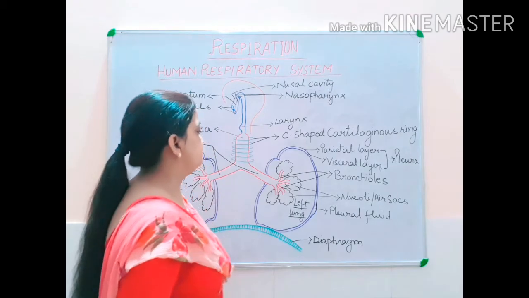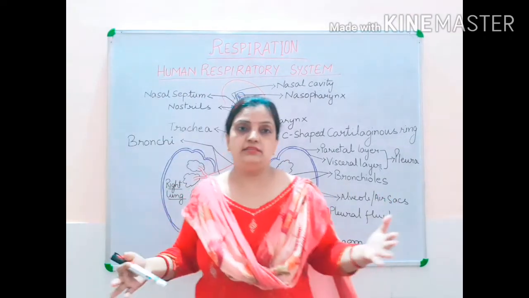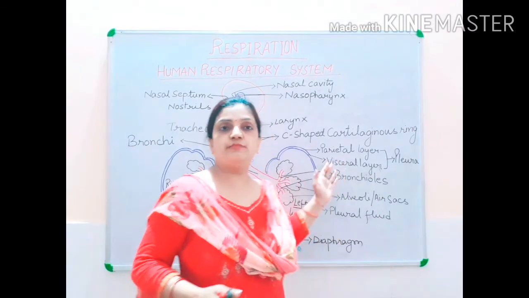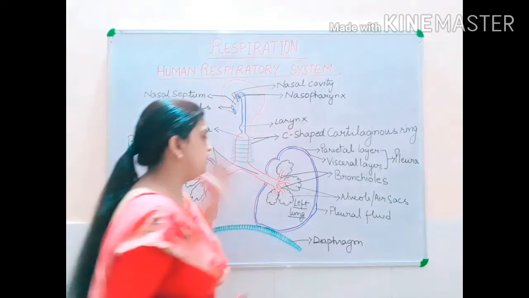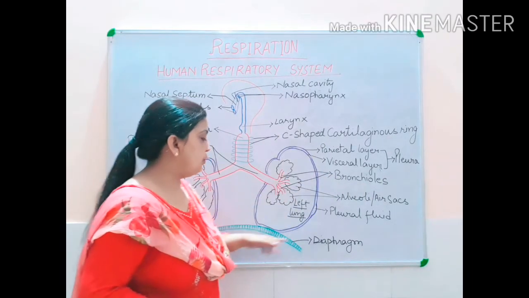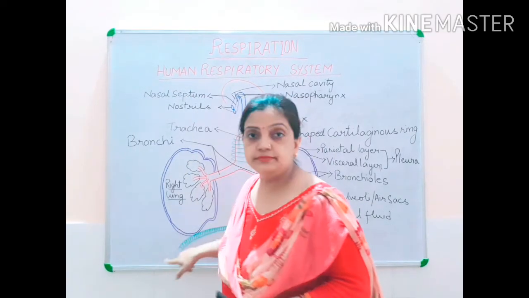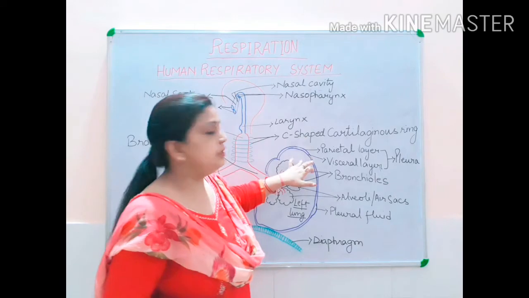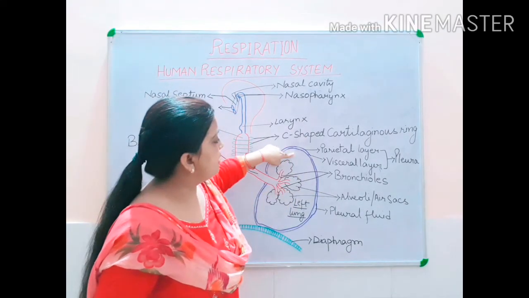Now children, this is the lung. When I stand like this in front of you, this is my left lung and this is my right lung. Now this is the wall of the lung. In the wall you can see I have drawn two membranes, two lines, two walls.